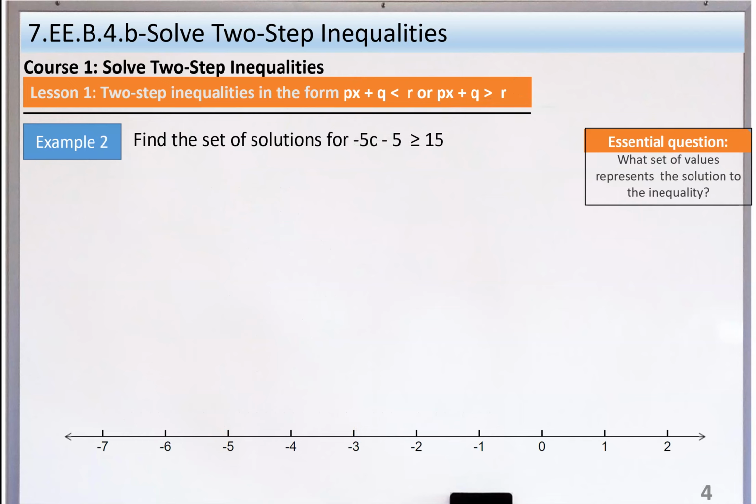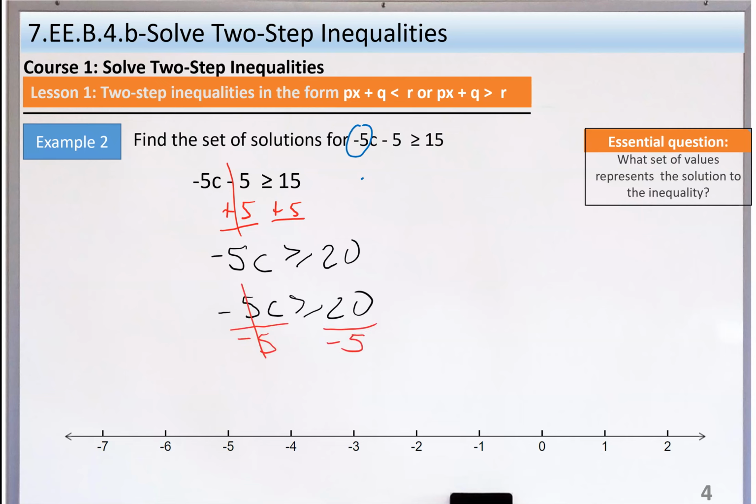The next one looks the same, but it's a little different. We have a negative coefficient, and I hope you remember what that means. So we have negative 5 times some number c minus 5 is at least 15. We still add 5 to both sides. We're left with negative 5 times some number c is at least 20.